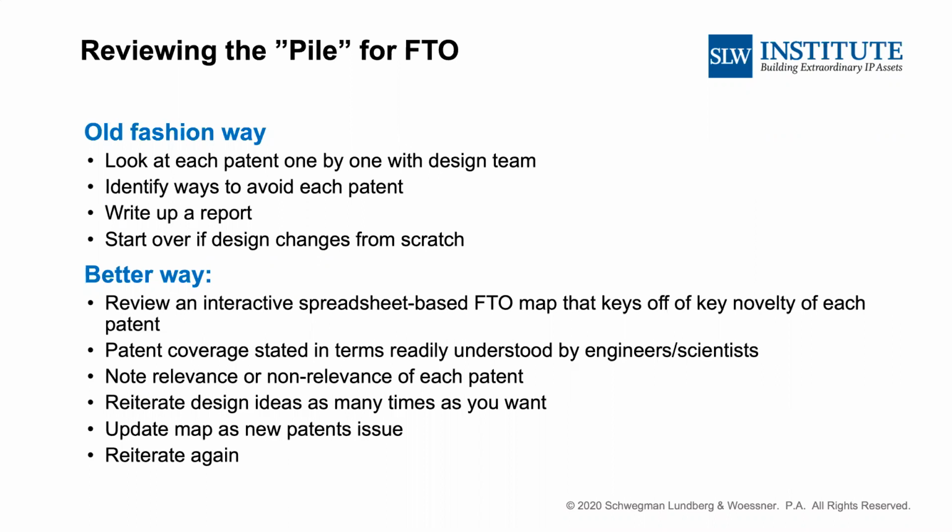In other words, they're very true to the scope of the patents, so you don't have to worry about the map misrepresenting the scope of the patent in any way, but it allows the engineering people to get right to the nub of what these patents really distinguish themselves on, in an interactive format that is easy to repeat if you need to. So you take something that might take 2 hours and reduce it down to 10 or 15 minutes. Repeating it is less tedious and a lot less expensive. Go ahead, Mark, and take it from there.